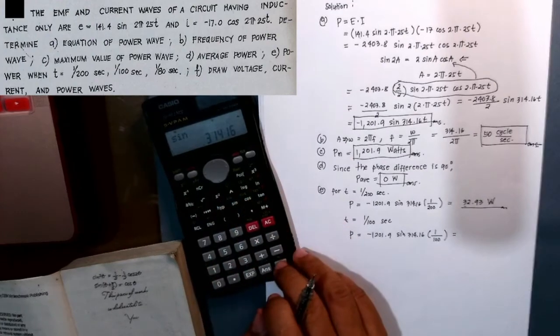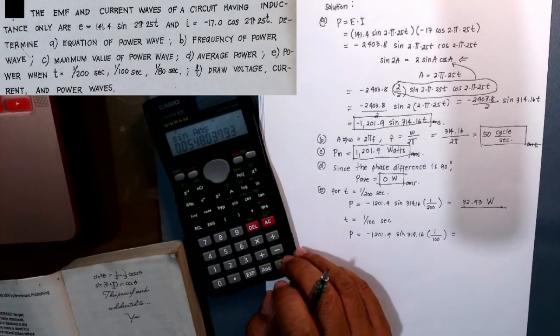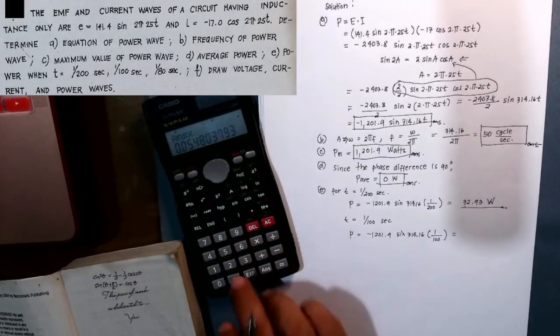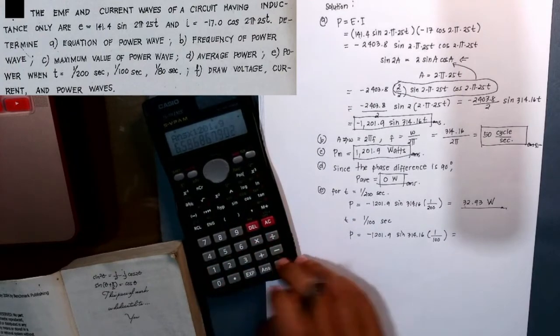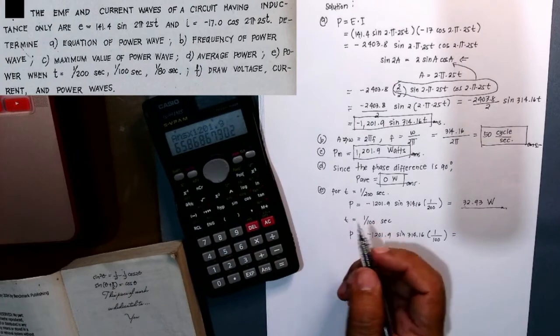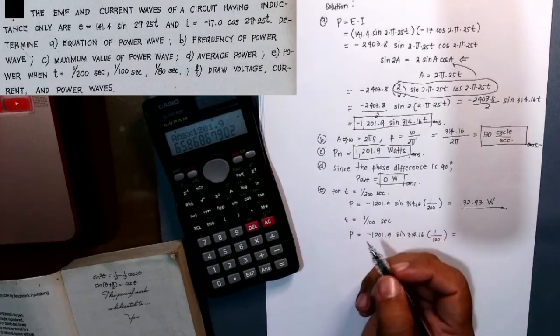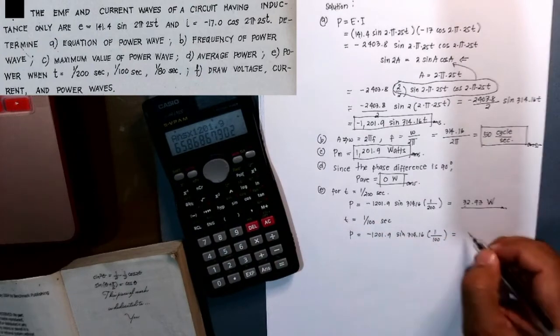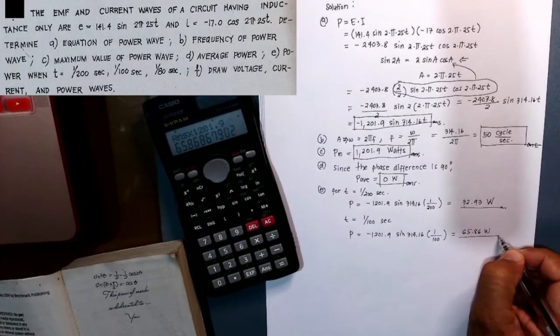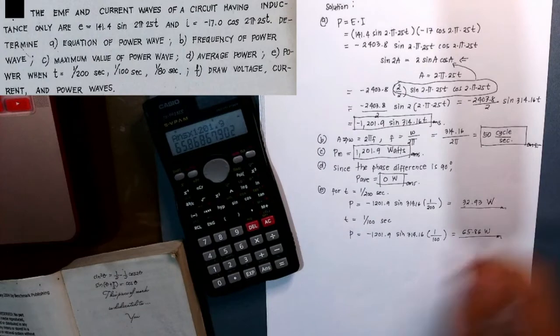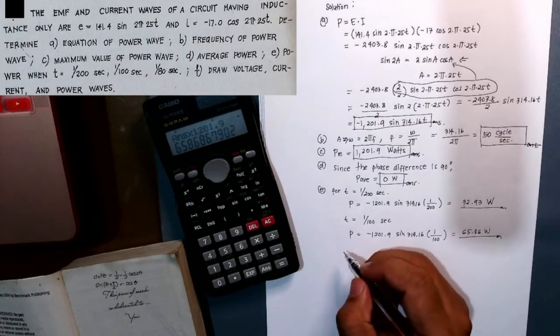Sine of this, times 1201.9. So we have here 65.86 watts. So we take also the positive value.